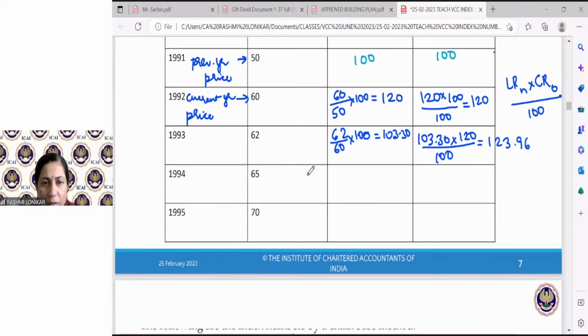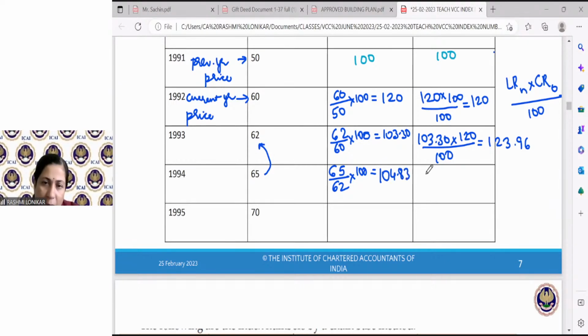Okay, if I go further, next year 1994, I will divide 65 by 62 into 100. 65 divided by 62 is 104.83.